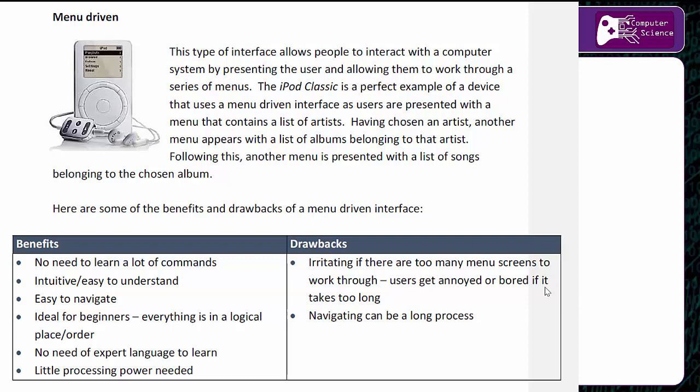So they're very easy to learn. You don't need to learn a lot of commands. They're quite easy to navigate, so they're ideal for beginners, and you don't need to learn any codes. As I've said, it also doesn't use much processing power. One of the negatives, though, is that it takes a long time to get anywhere, so it can be irritating if it takes you too long to get to the menu that you need to get to.